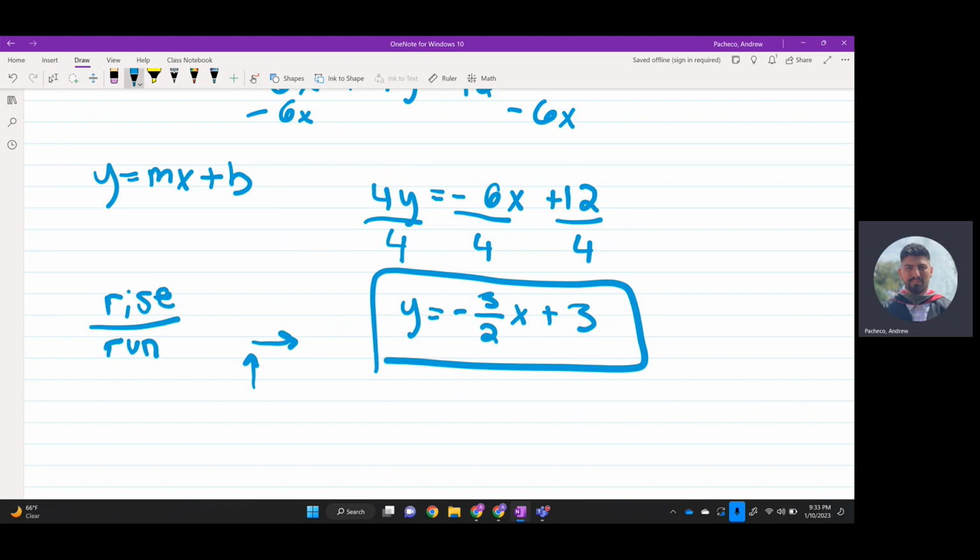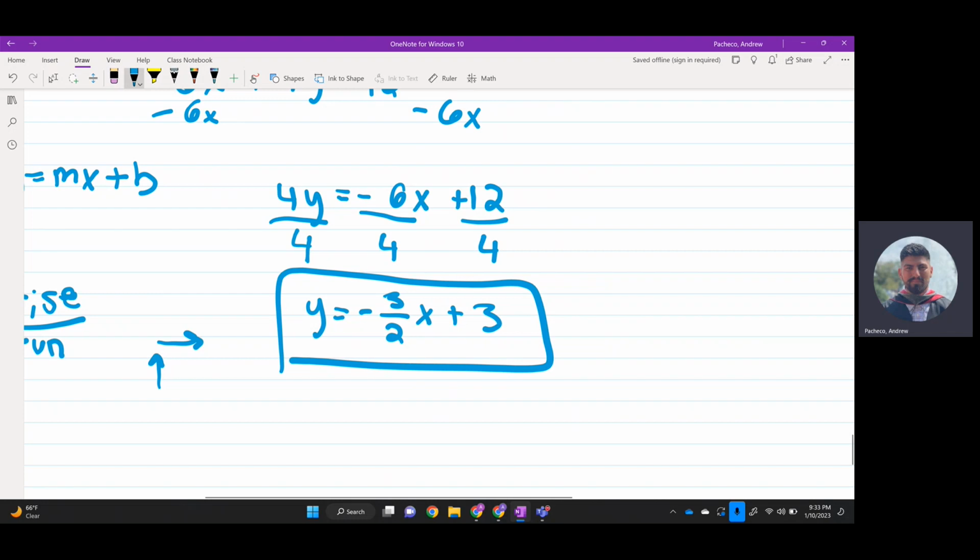If this was positive 3 over 2, let's say we started at the origin, 1, 2, 3. So for our slope, if we had rise over run and it was positive 3 over 2, we'd be going up 1, 2, 3 over 1, 2. And our point would go right here. That would be our slope.